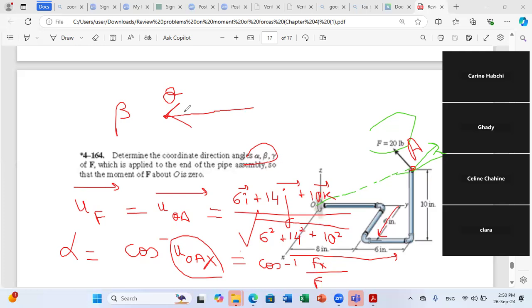So actually, you don't have one possible solution here. You have two possible solutions. Either your force is directed from A to O to pass by O, or your force is directed in the opposite direction, but also passing by O. So it can have unit vector OA, but we have another solution. It can be also unit vector of AO.